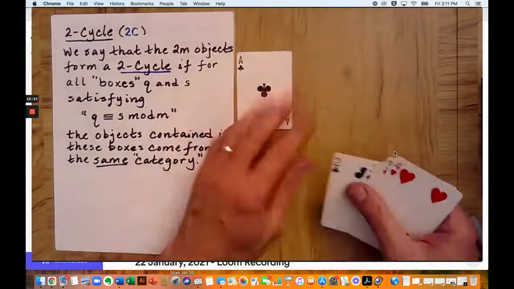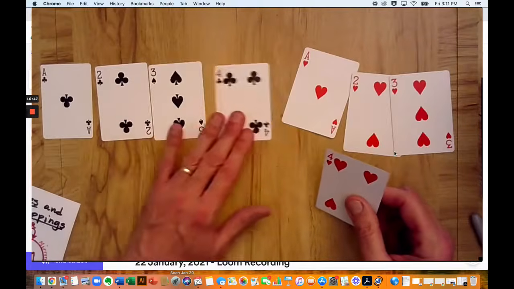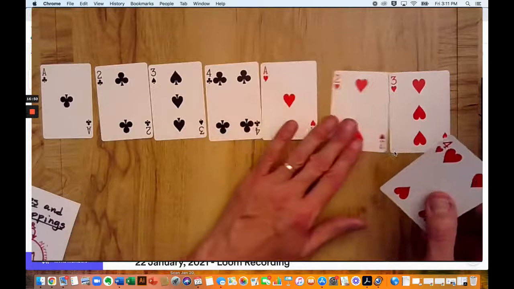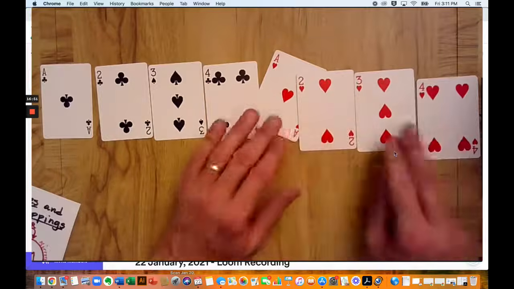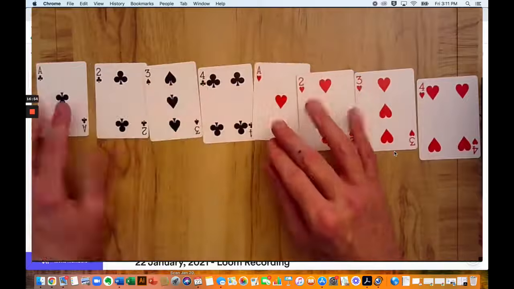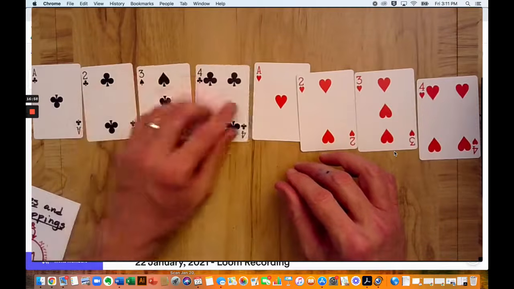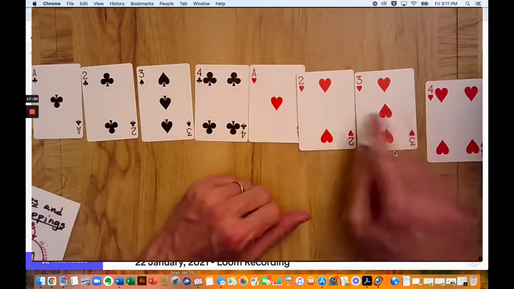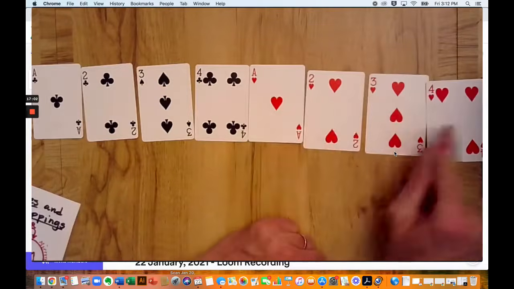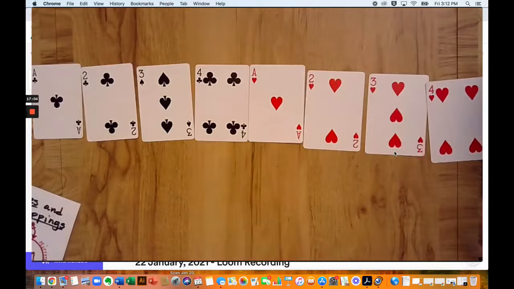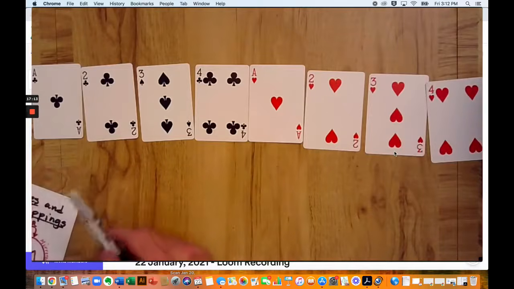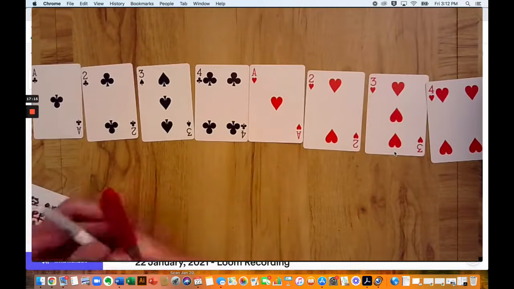So here is the original ordering of these objects: the first object over here, second, third, fourth, fifth, sixth, seventh, eighth.